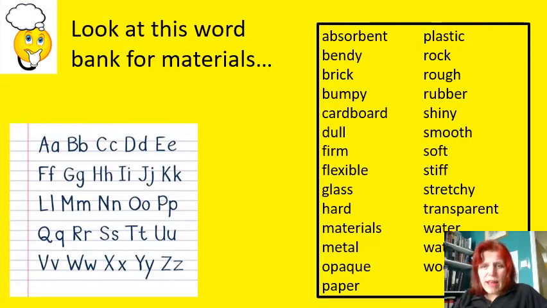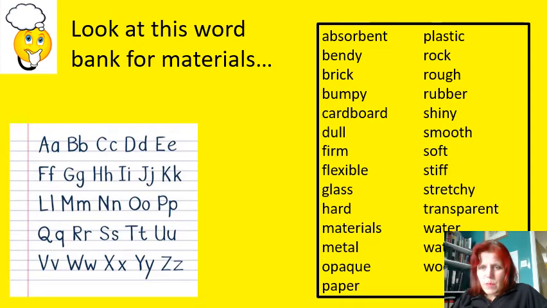I don't want to go absorbent, D, brick, and have to work out all of those words. I'm looking for the S words, and I know they are going to be towards the end of my list.